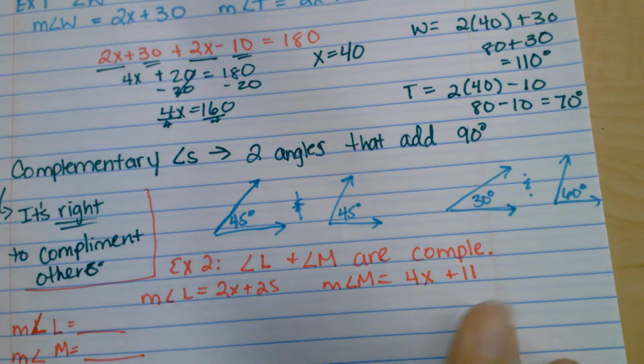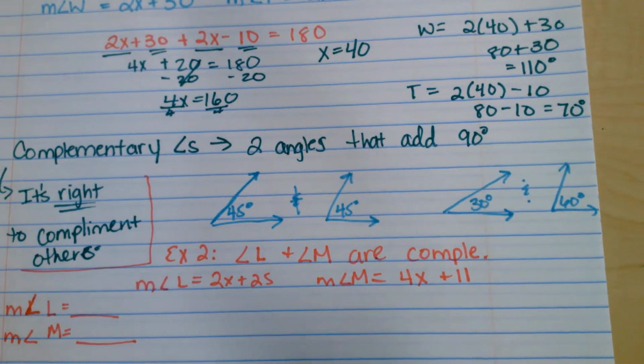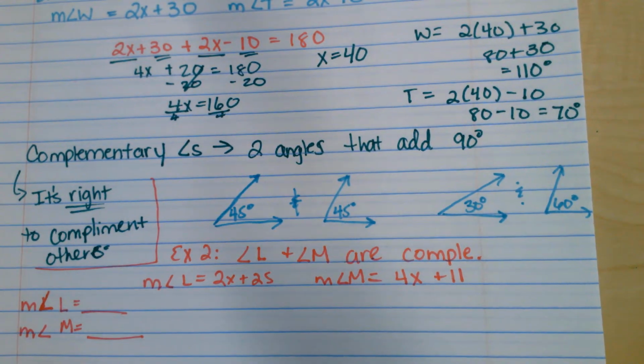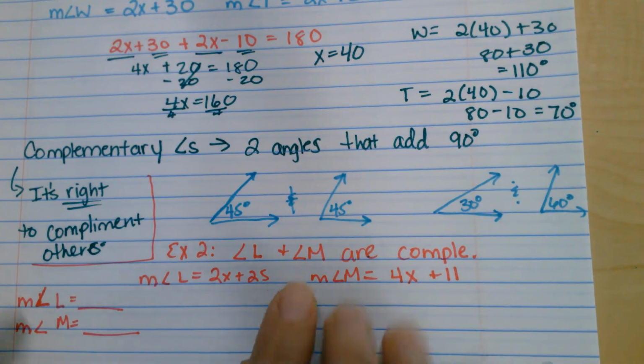You guys feel better about trying this one versus the last one now that you've seen it? Okay, so they're complementary. Go ahead and set up an equation to solve. I'm going to pause the video. What would be the equation to set up these two complementary angles?